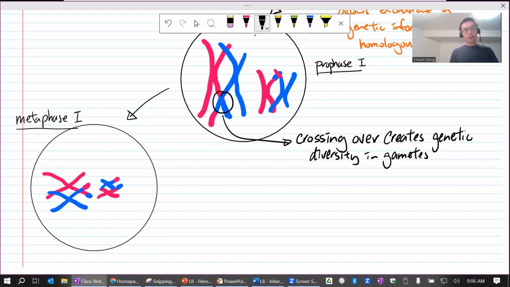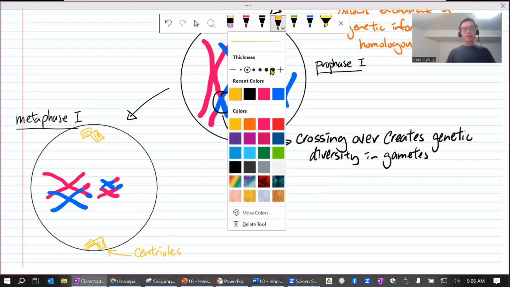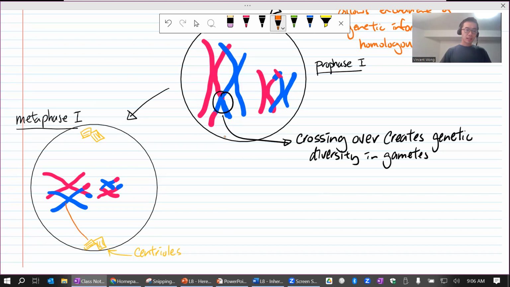And of course, we have these little things at the end of the cell. You might remember them from lecture 3. Those are the centrioles. And the purpose of the centrioles, if you recall, is that they will send out these spindle fibers to help guide the chromosome movement.